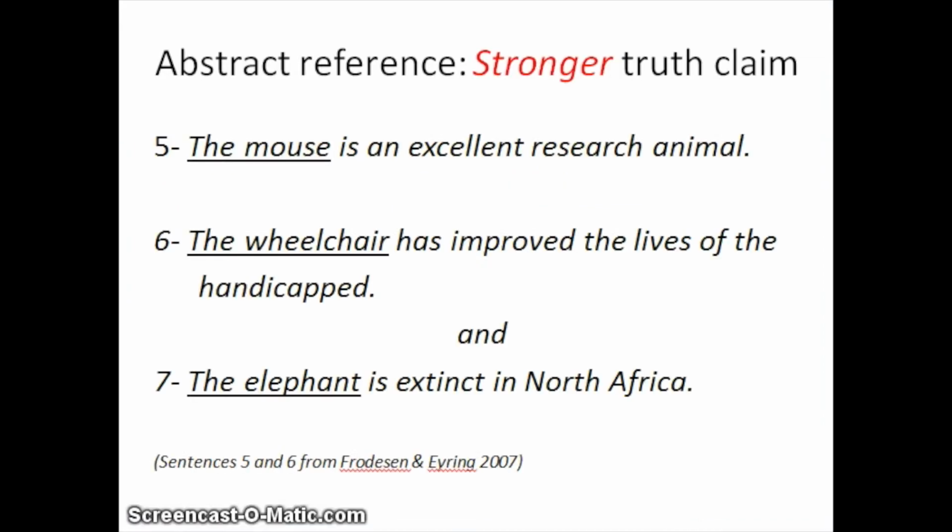So, what would motivate a speaker to want to make a stronger versus a weaker abstract claim? That is, choose abstract the plus noun versus the default zero plus plural.